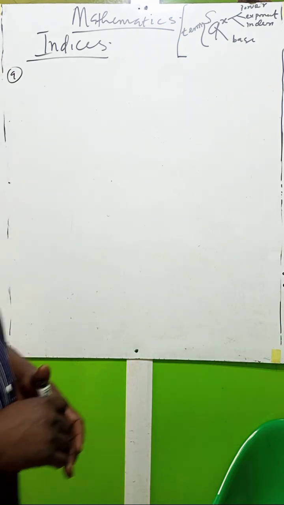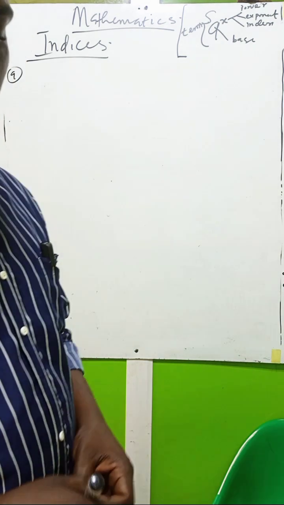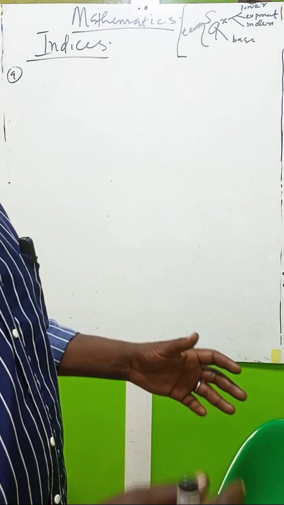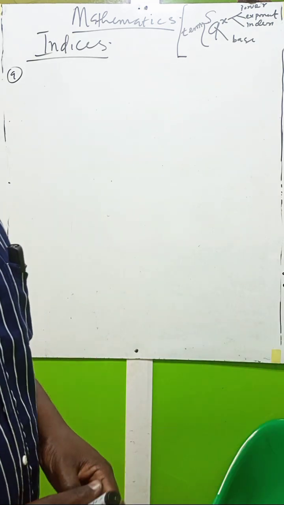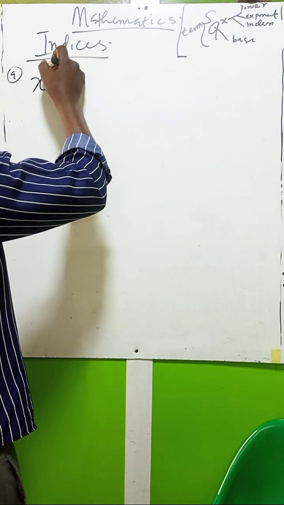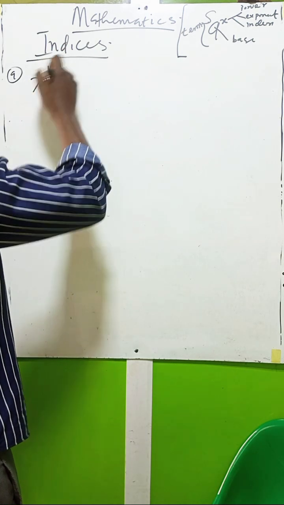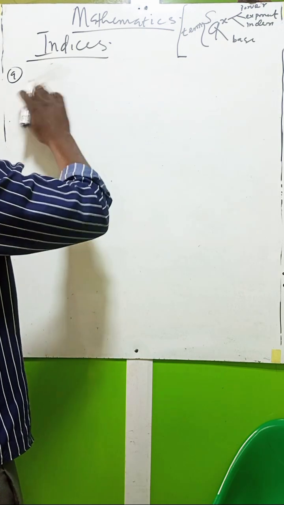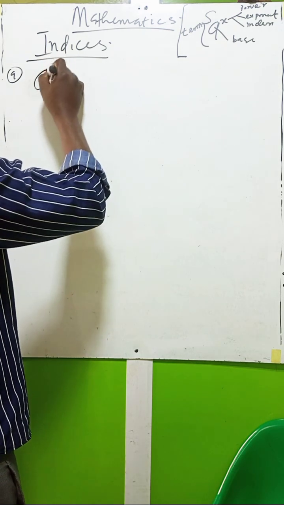Rule number 9 states that what if we have a term that is having a fractional power? X raised to power 1 over a, or a raised to power 1 over x.